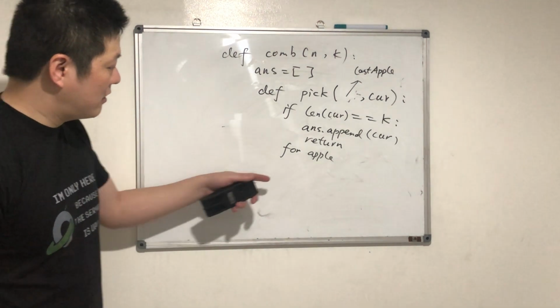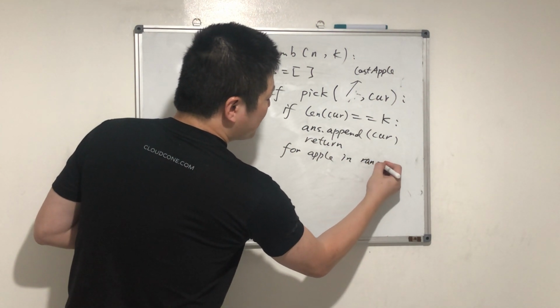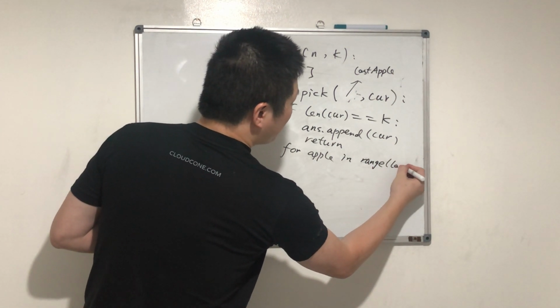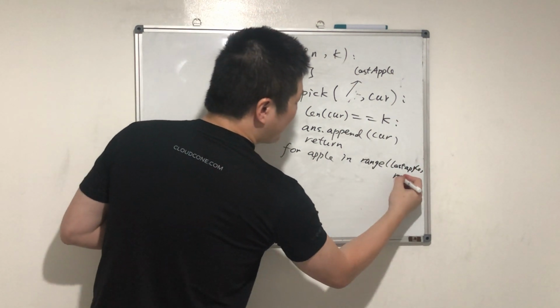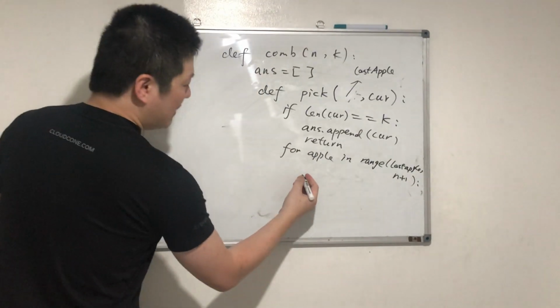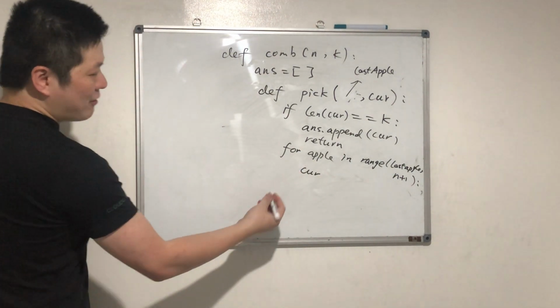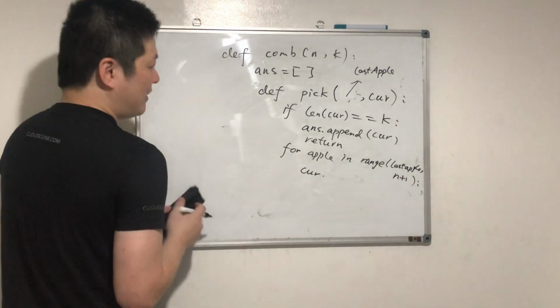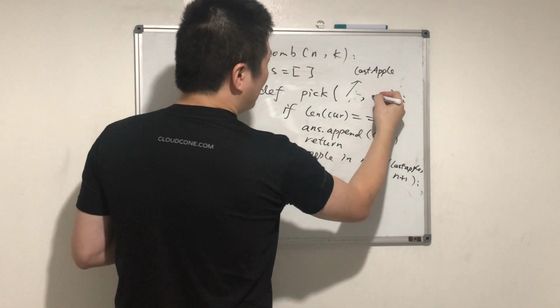I am listening. Okay, for apple in range, last apple. We start from last apple and go to n plus 1, right? And then we need the current basket. Let's make it basket, or maybe box.